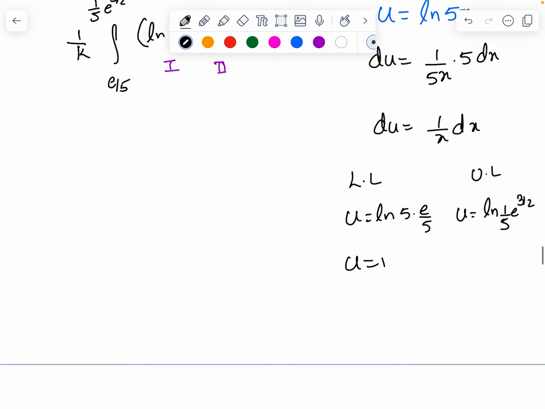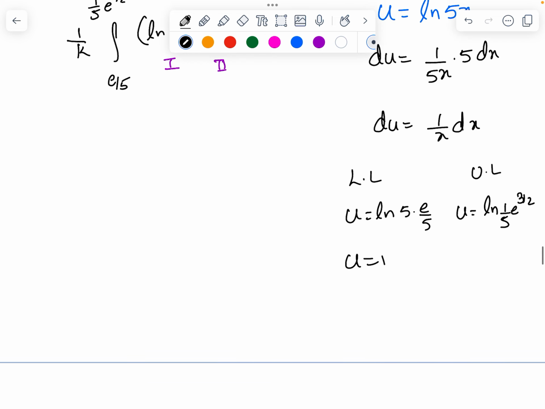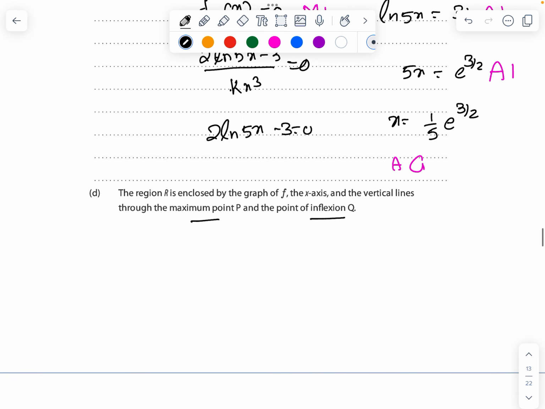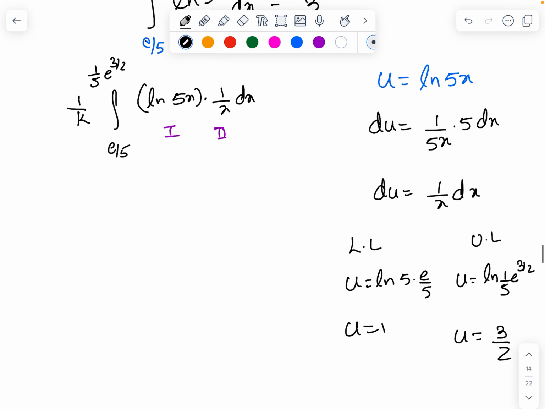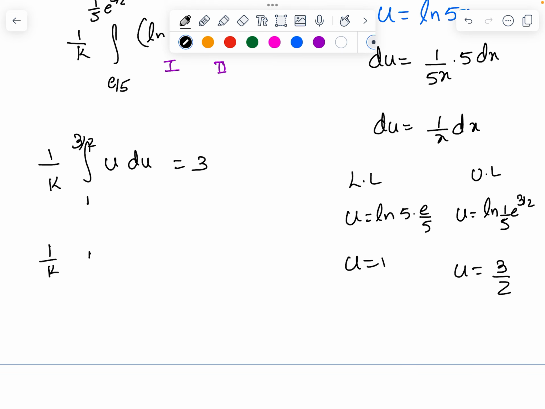Upper limit, it will become 3 by 2. u equals 3 upon 2. And we got the value u equals 3 by 2. Once I get that, it becomes 1 upon k integral u du from 1 to 3 upon 2 equals 3. So 1 upon k, u square by 2 from 1 to 3 upon 2 equals 3.